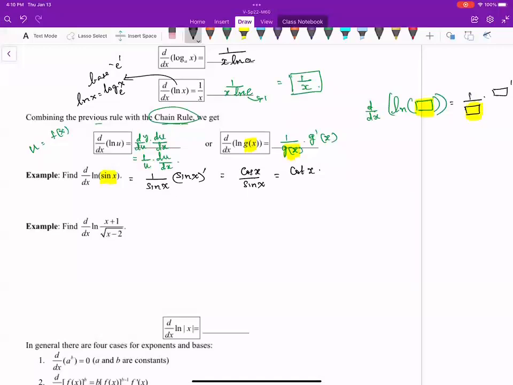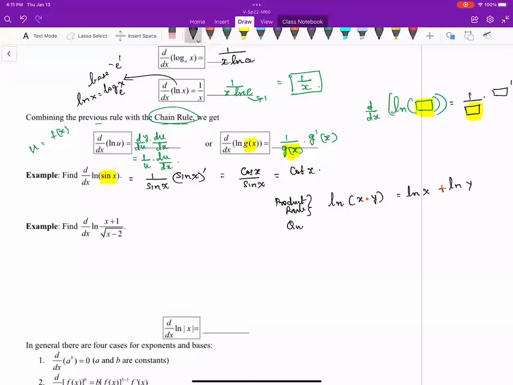Let's try the next one. Derivative of ln of (x plus 1) over the square root of (x minus 2). Though we are studying logarithmic derivatives, log properties are sometimes useful. So what is the product rule for logarithms? ln of x times y is ln of x plus ln of y. That is the product rule. This is algebra that we did earlier.